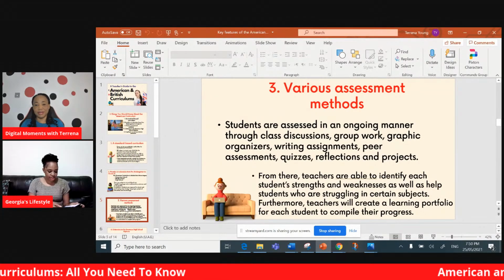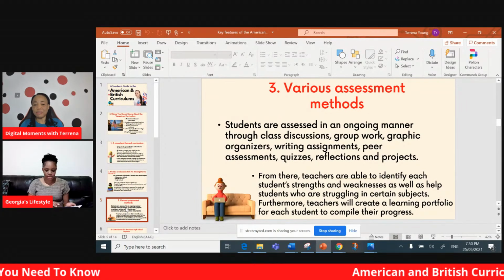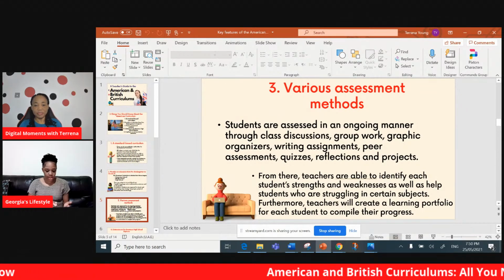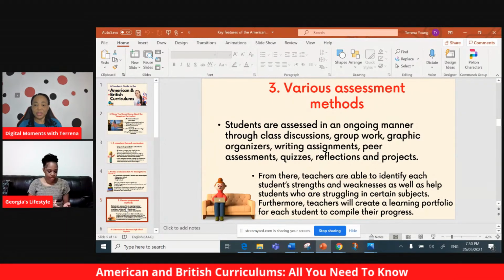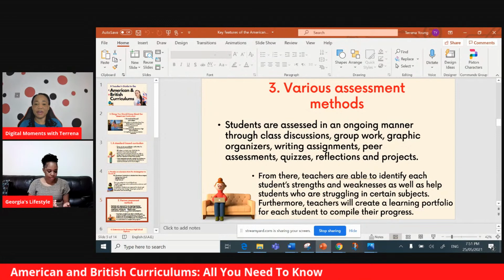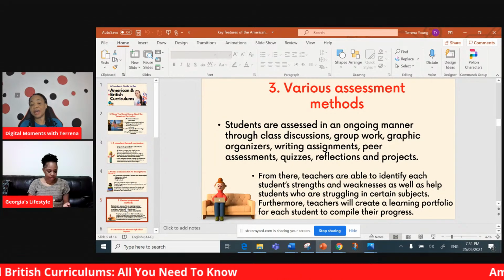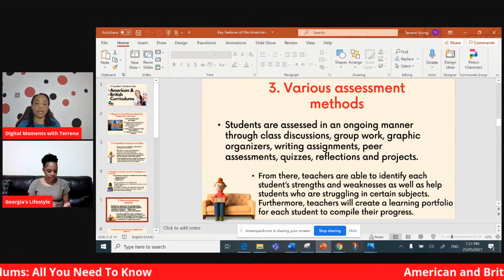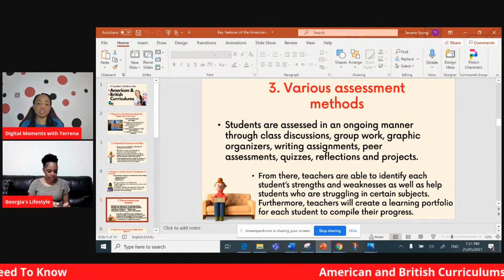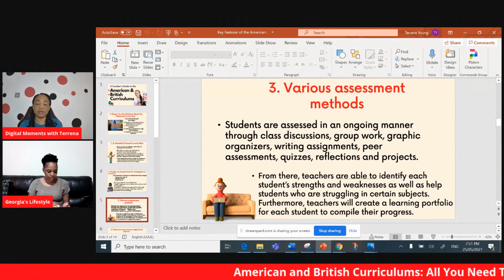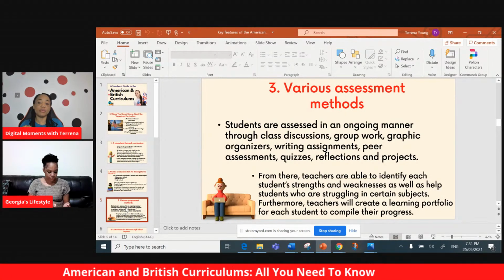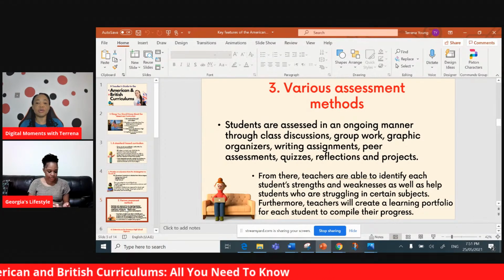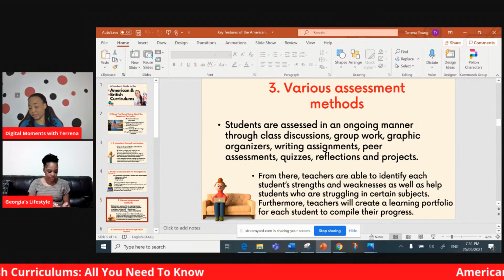Rigorous assessment, yes. Projects, everything. From there, teachers are able to identify each student's strengths and weaknesses, as well as help students who are struggling in certain subjects. Furthermore, teachers will create a learning portfolio for each student to compile their progress.